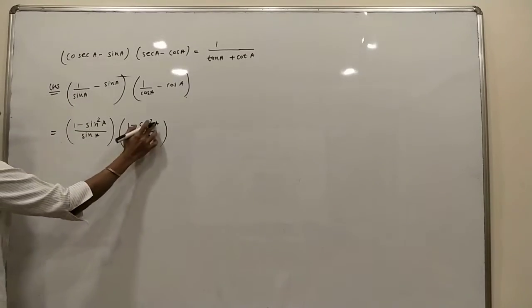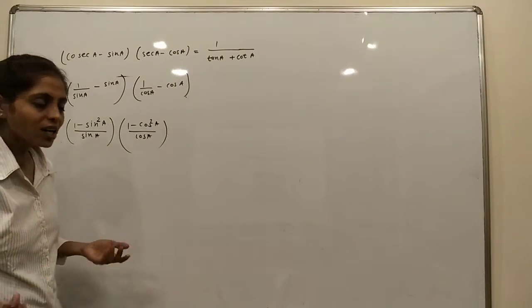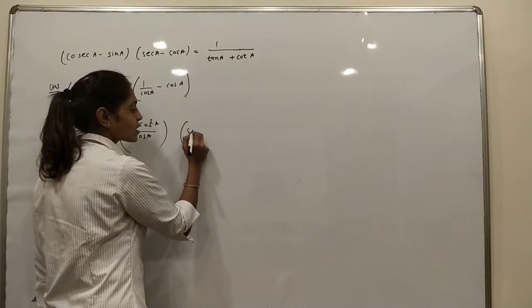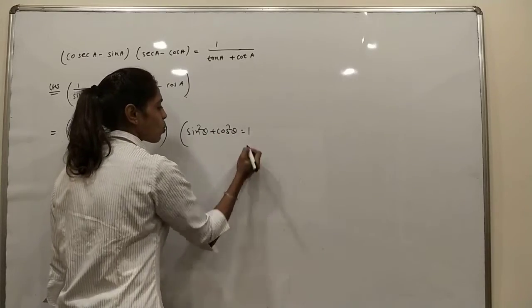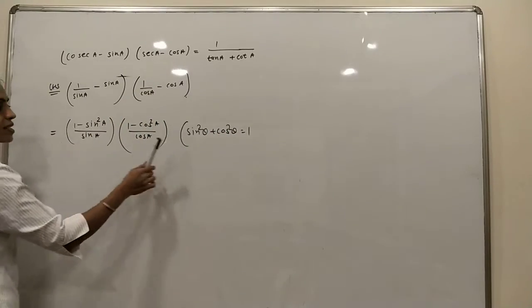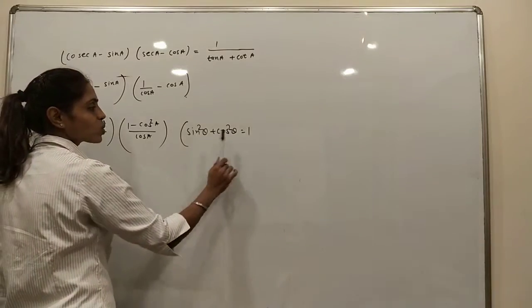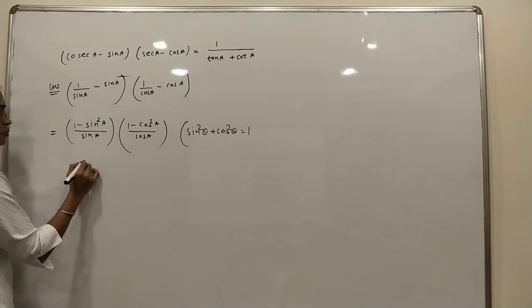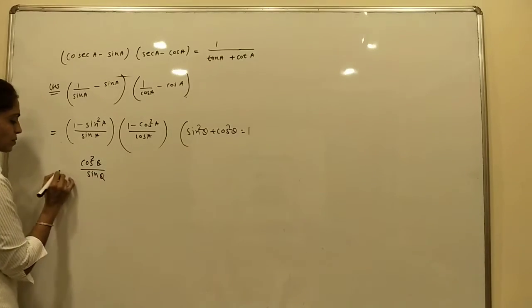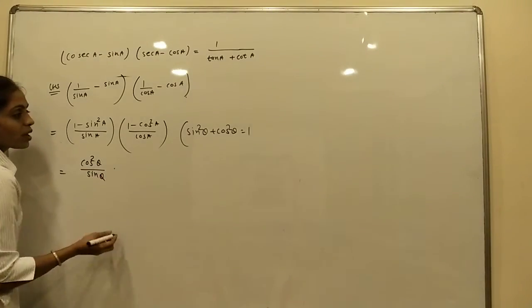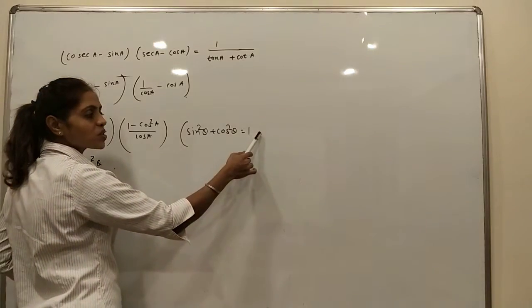Now this square is there, so you can use the formula: sin square theta plus cos square theta is 1. And what about 1 minus sin square theta? 1 minus sin square theta is cos square theta, so cos square theta upon sin theta, into what about 1 minus cos square theta?